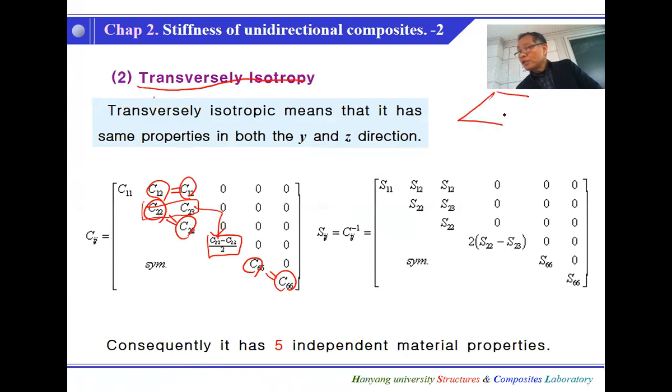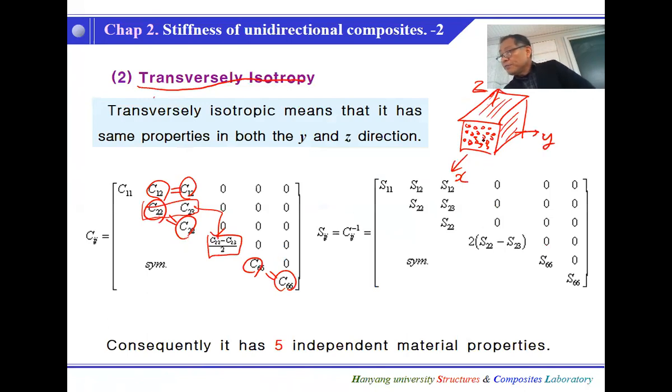Well, just to help visualize, let's say we have fibers, and the fiber runs this way, and X, I like to have a coordinate like that, and Z. Okay, let's say we have this kind of material.